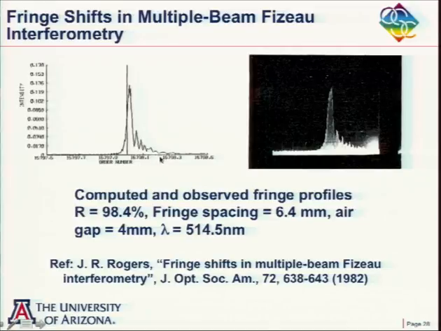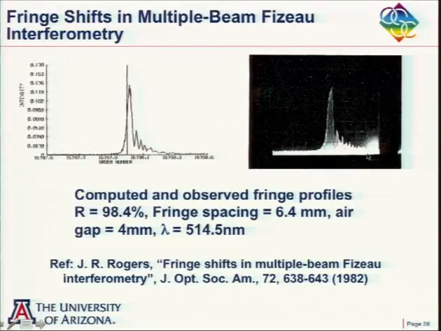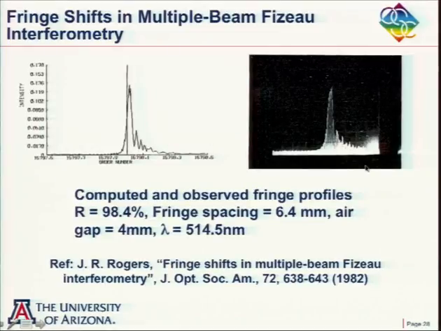Not only did he do calculations here, but he did some measurements using, at that point, solid state detector arrays that we were just getting. I'm just showing one result here, but he had just beautiful comparisons between theory and measurements.